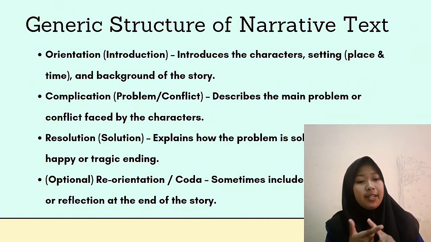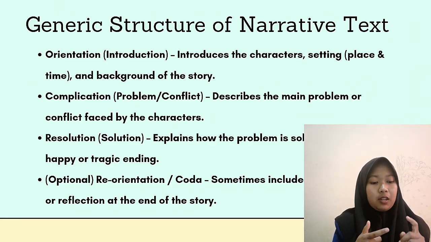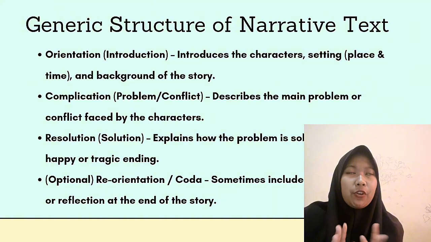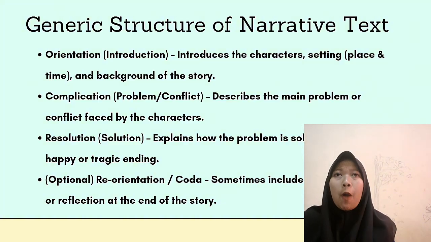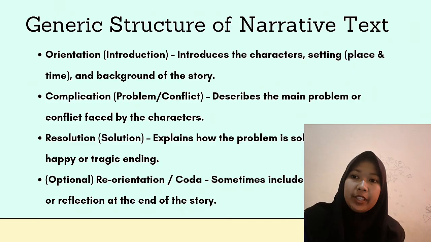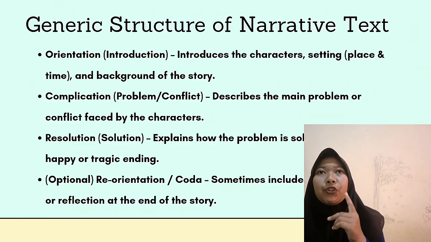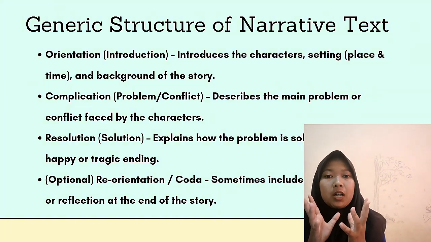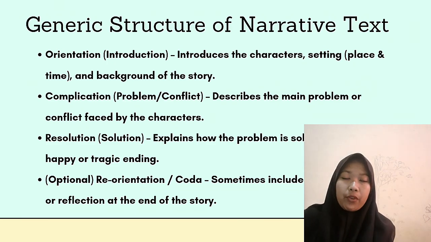Okay, the first one is orientation. So in the opening of the story, there is an orientation. In this part, we introduce the characters and the characteristics of the story, including the place and theme, so the setting of the story.